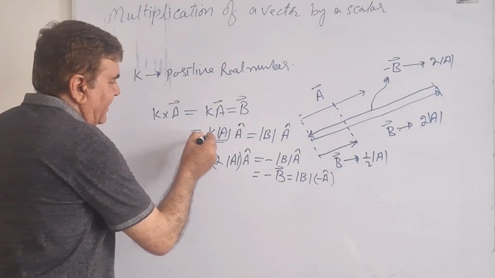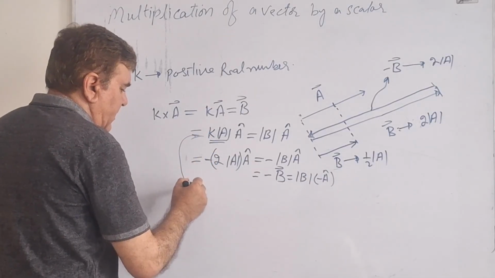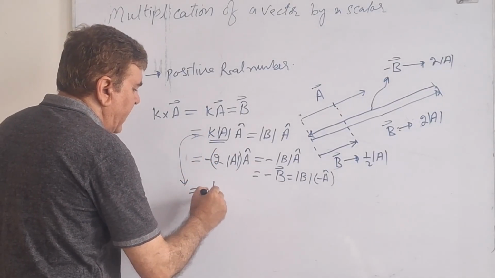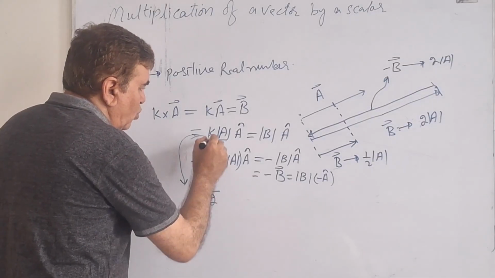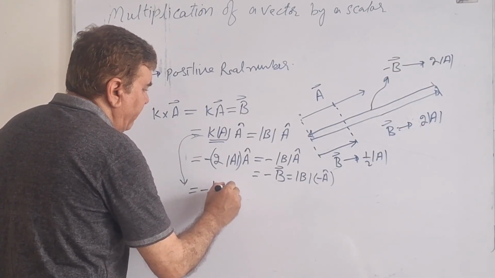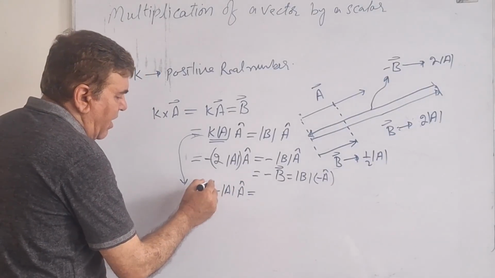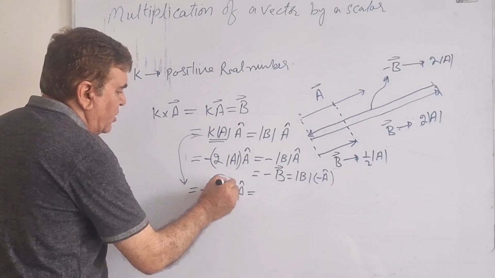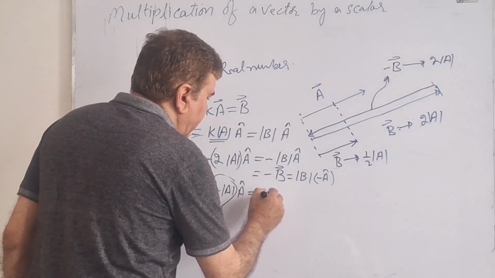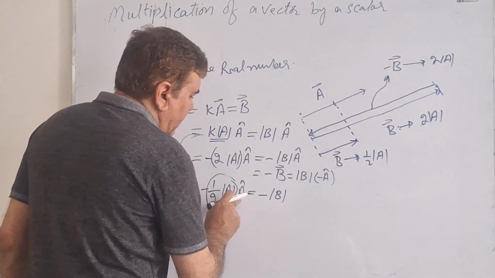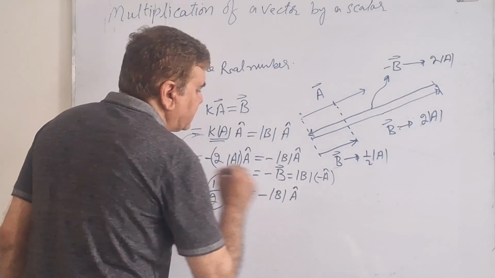Similarly, if k is a negative number in the form of minus 1/2, then we write this as minus 1/2 times magnitude of A times vector A, and this half times magnitude of A would make the magnitude of B, so we write this as minus B, with the same unit vector at this position.